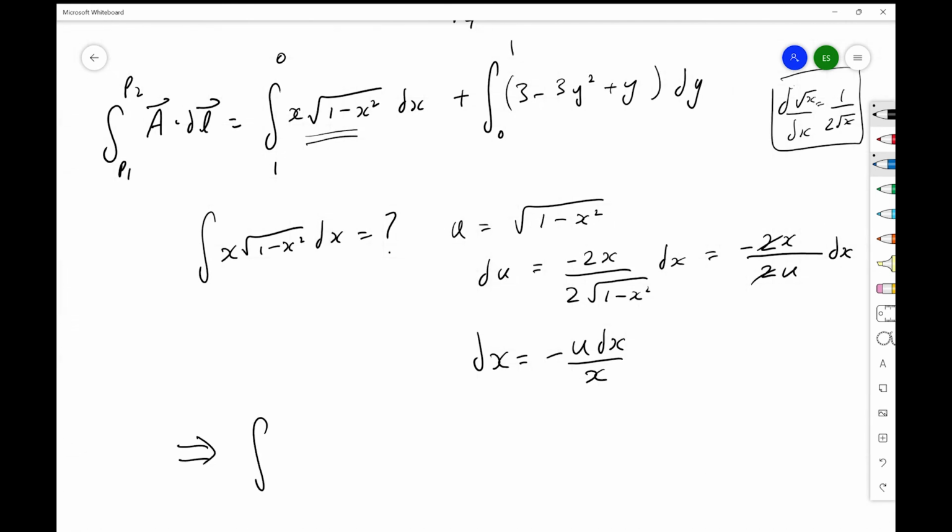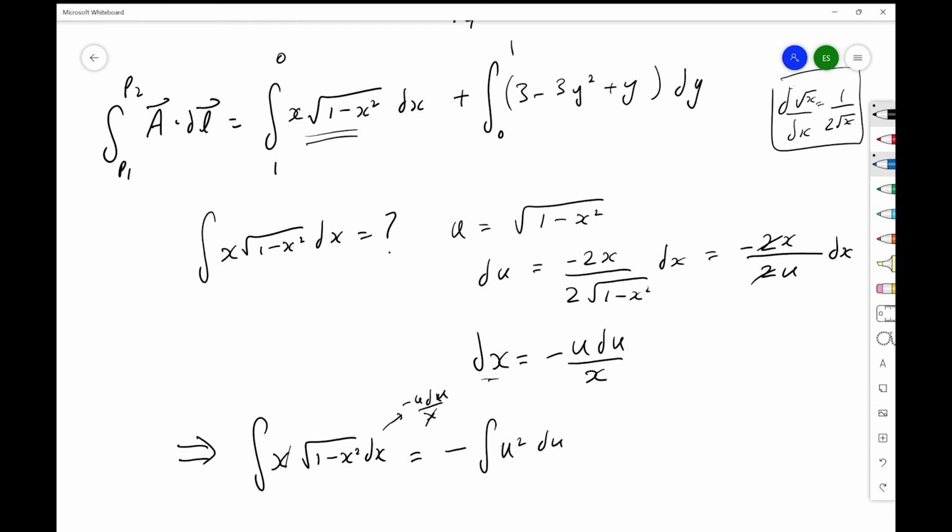The integral of x times square root 1 minus x squared dx is going to be minus, instead of dx I put in minus u du over x, which cancels with this x, and I end up with minus the integral of u squared du.